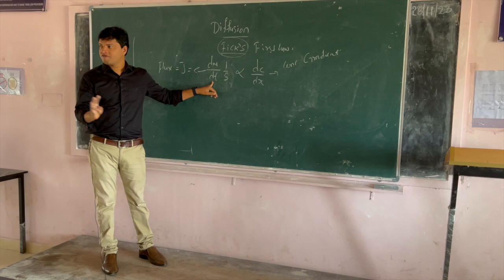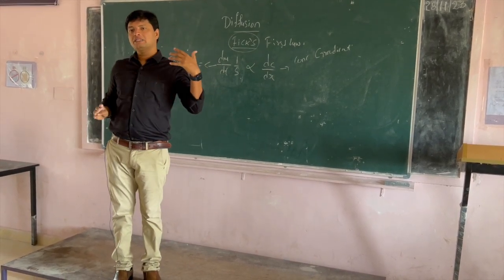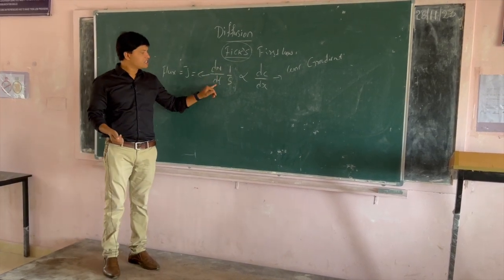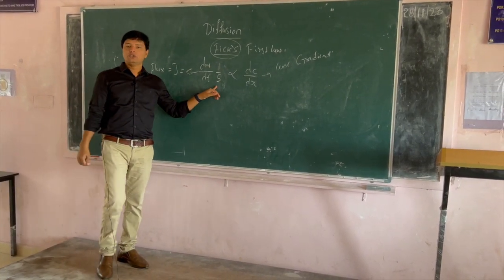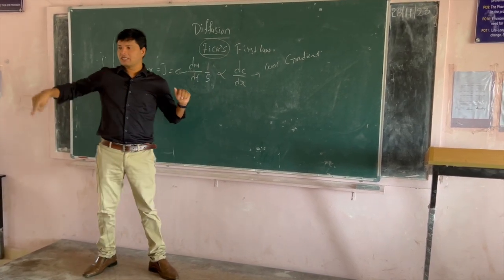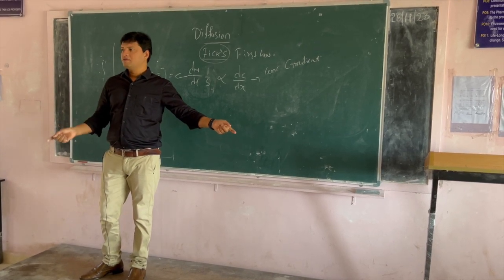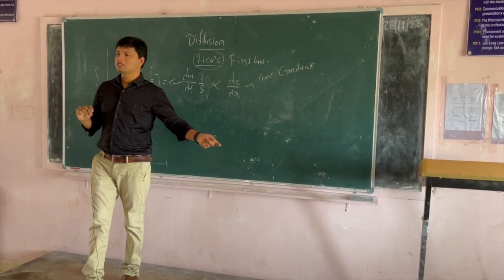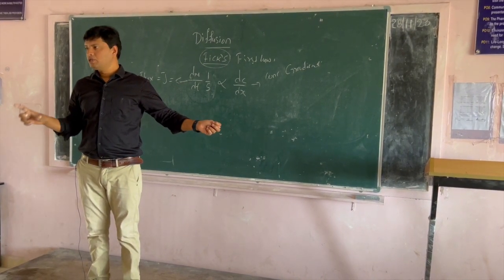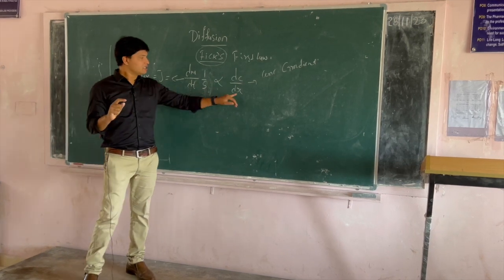This occurs via a semi-permeable membrane which has some area, so rate of change of mass per unit area. Why is this occurring? Because there is a concentration gradient, a difference in concentration.